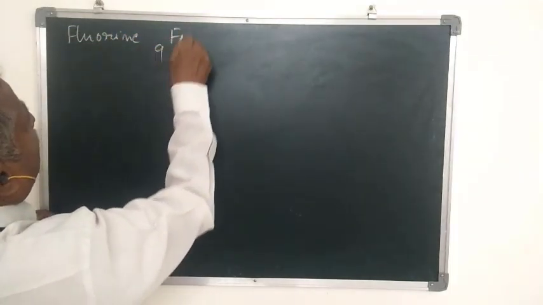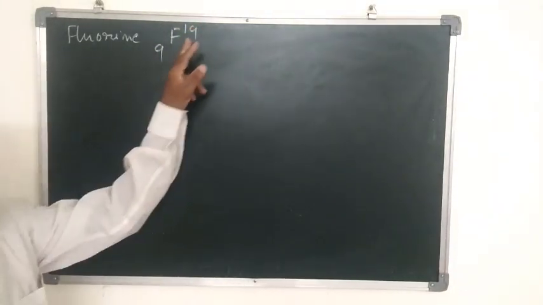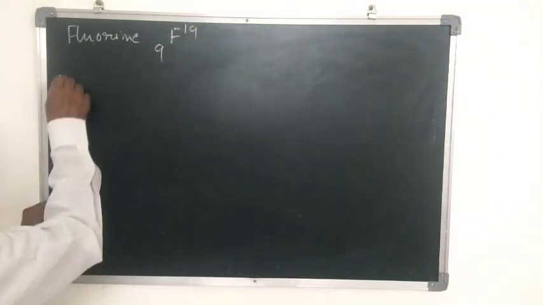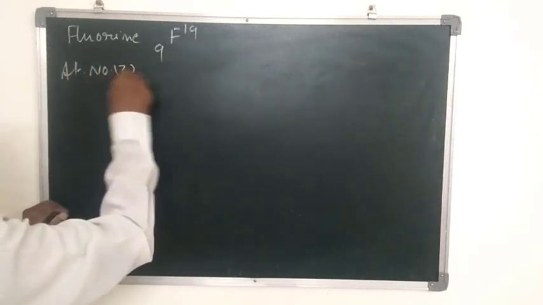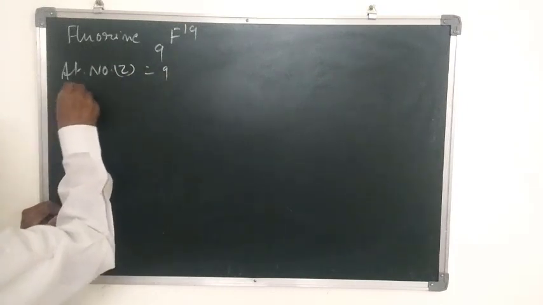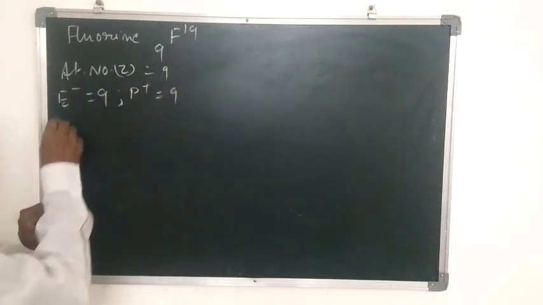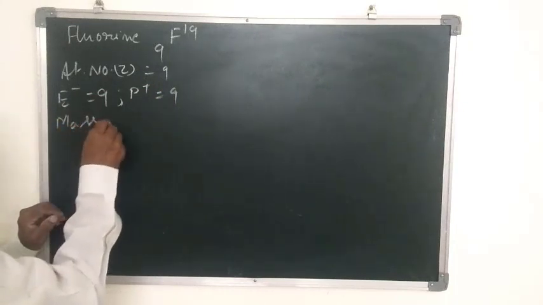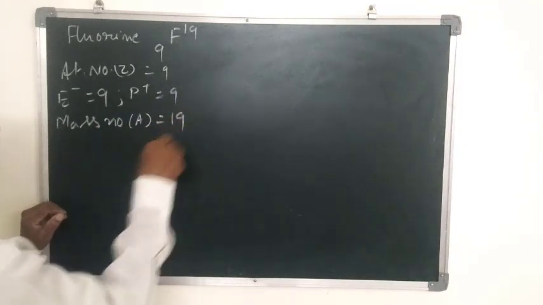Fluorine, F-9-19. What is the atomic number? 9. Mass number? 19. So atomic number Z equals 9, number of electrons 9, number of protons also 9. Mass number A equals 19.